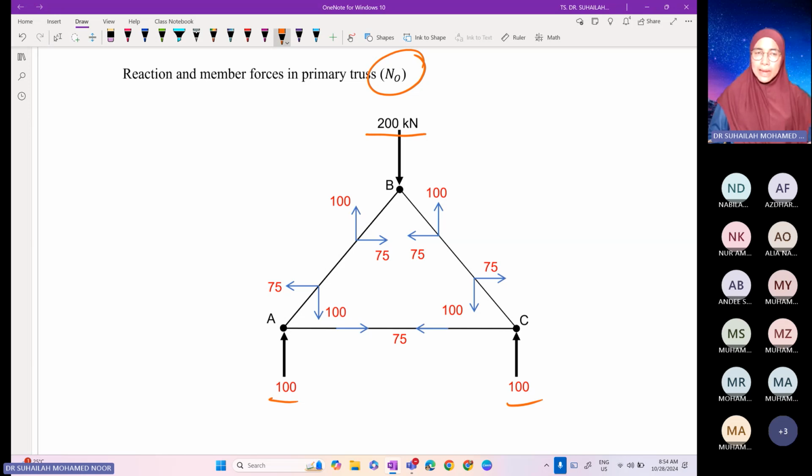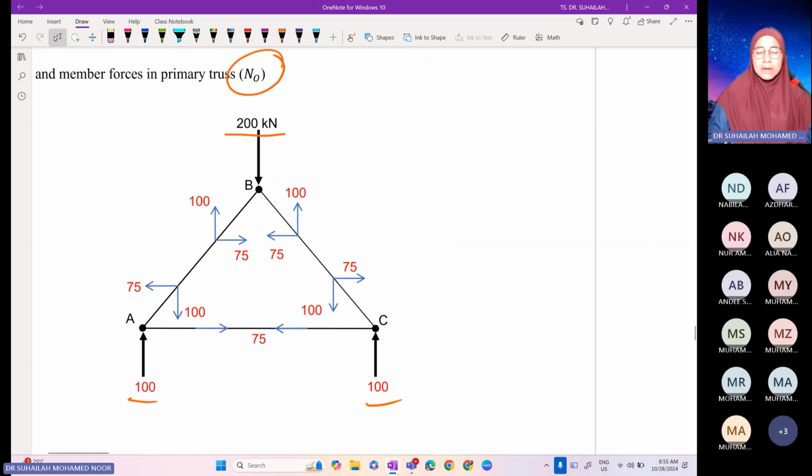We just need to apply that knowledge into this. So we use what we call, it's not really a method, we just call it the easy method. Everyone calls it the easy method, a short form for calculating member forces in truss.